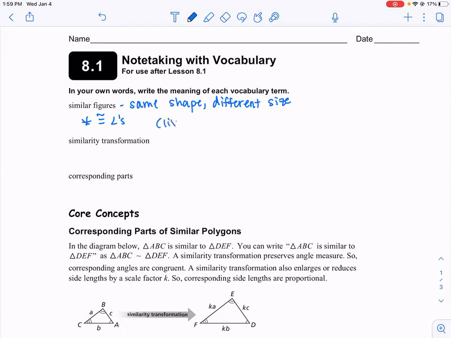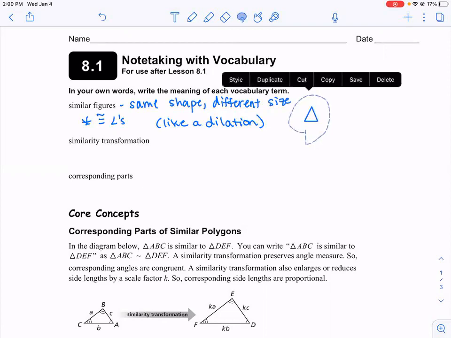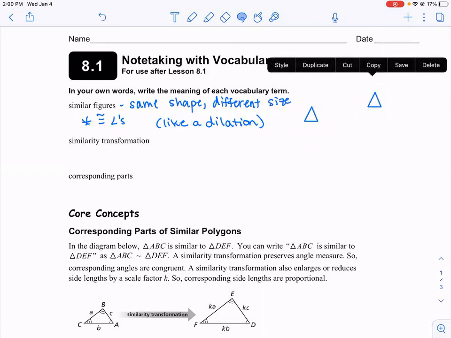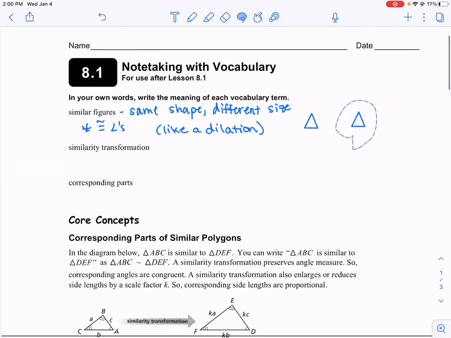Okay. That is corresponding. Yeah. Okay, so we're talking about dilation. Okay. So the angles in our two figures are all the same, but their sides are not.